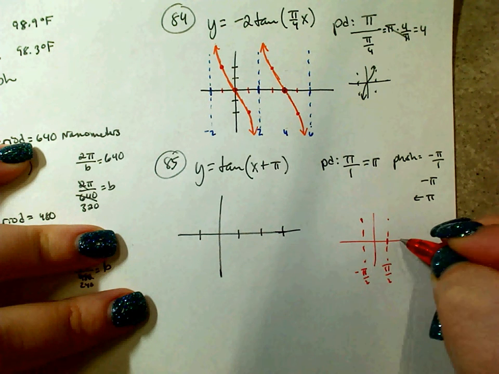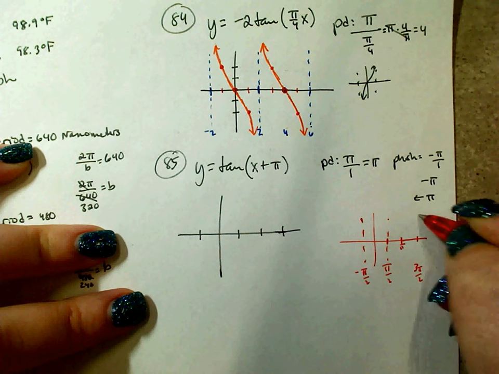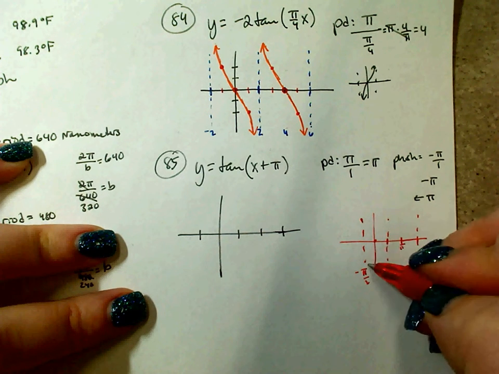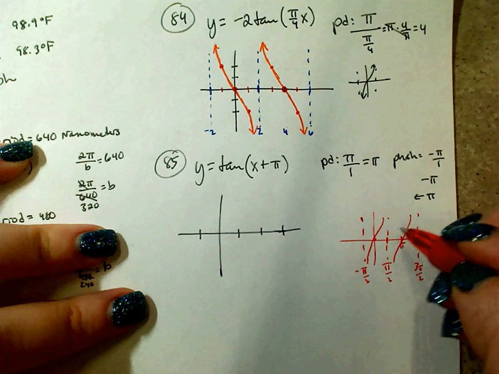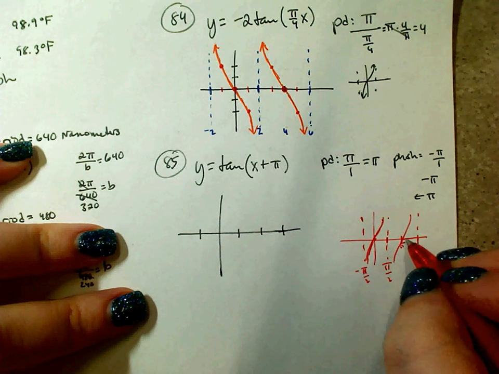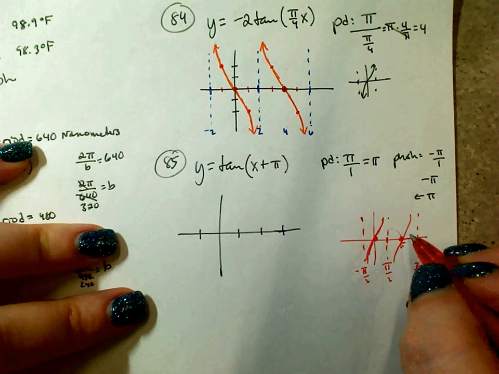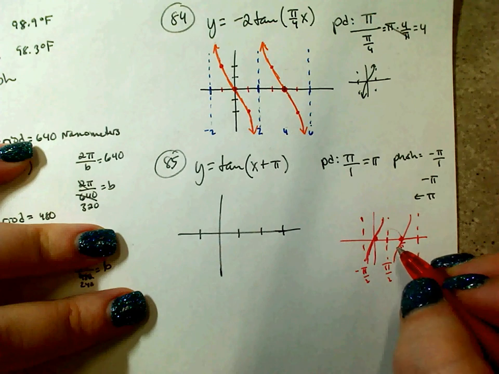And then it does this. Well, if you go to the right pi, or left pi, so this point right here at pi is now going to go here, which is the exact same thing. Okay? So we're basically just graphing a tangent, as long as we have everything right.